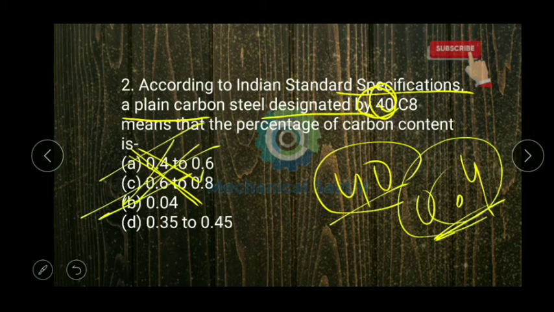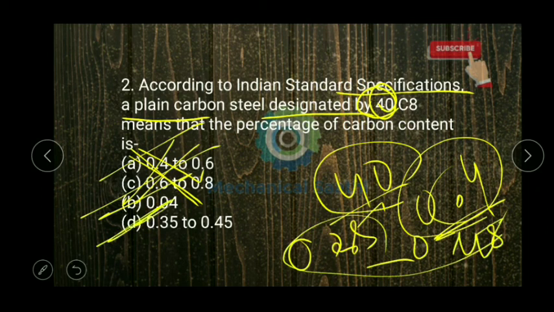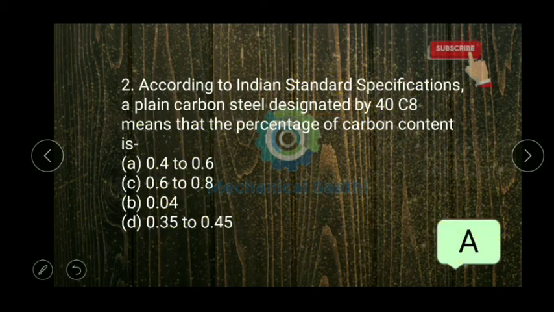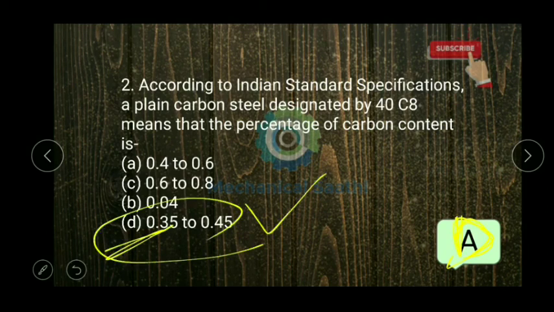The 0.4 lies between 0.35 and 0.45, which is the range in which the percentage of carbon varies in plain carbon steel designated by 40C8. So we can take D as our option. Let us check it. Here D will be the correct answer. It's a printing mistake, so D will be the correct answer over here.